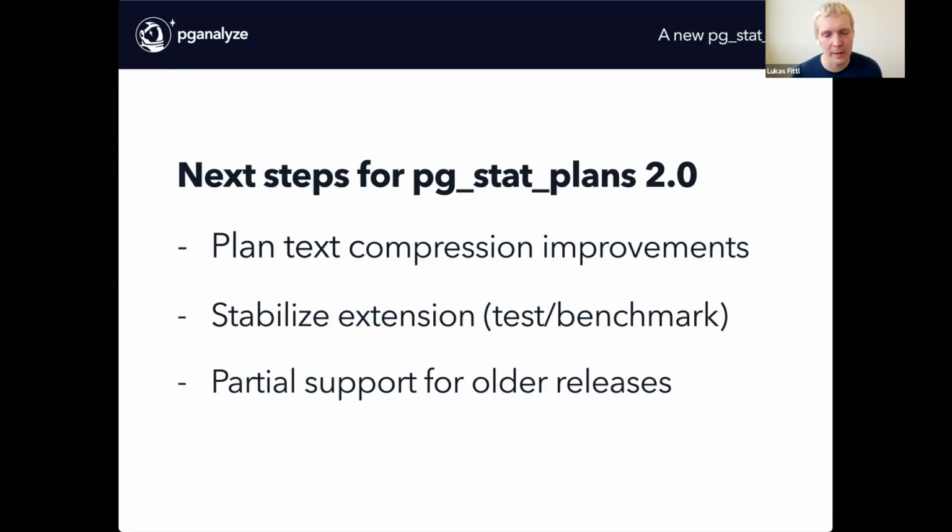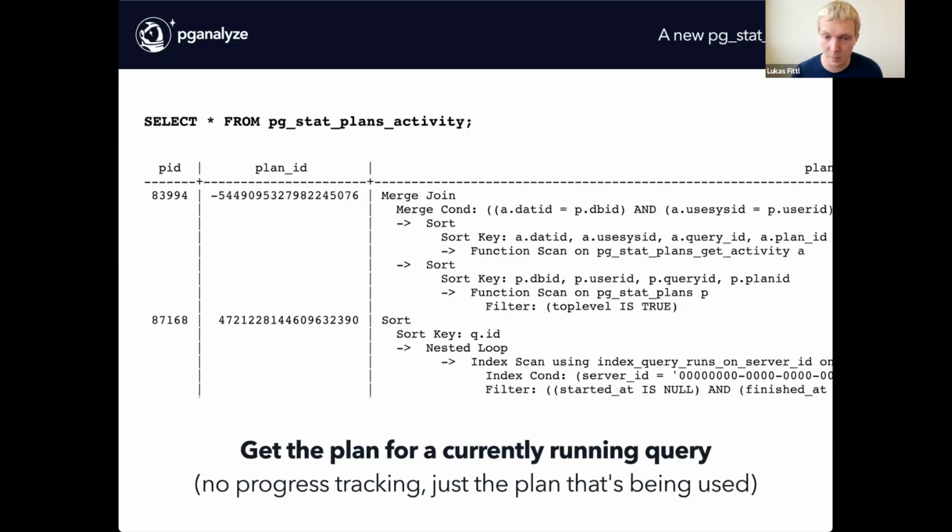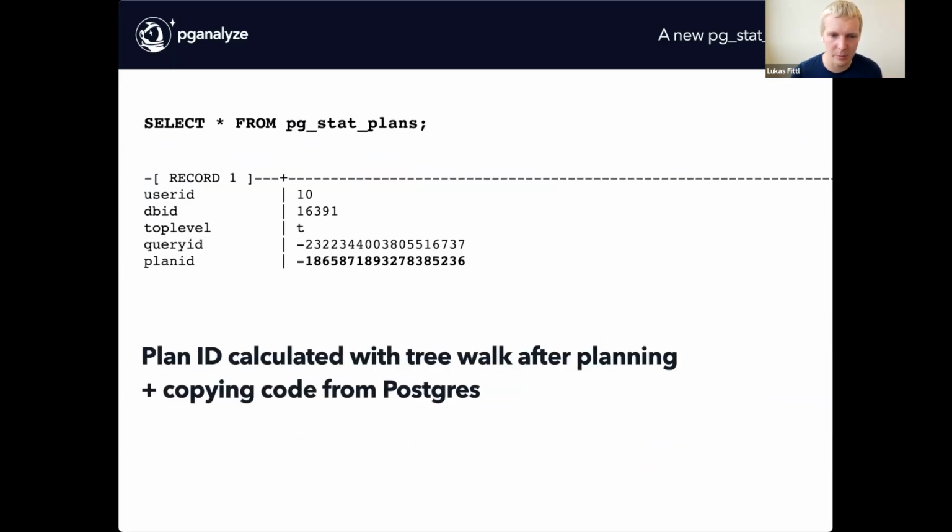I did figure out a way to make Postgres 16 and Postgres 17 work. The one thing that we're missing is this piece here, which doesn't work because, as mentioned, that plan ID isn't there. But we're getting the core functionality, being able to query which plans exist and how often they run. That part does work on 16 and 17.